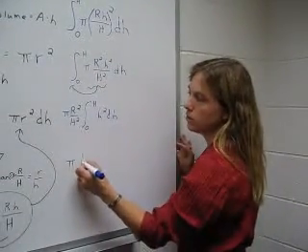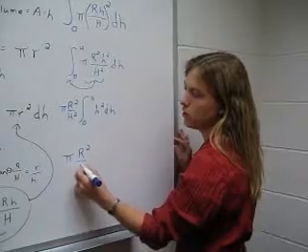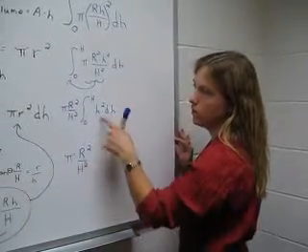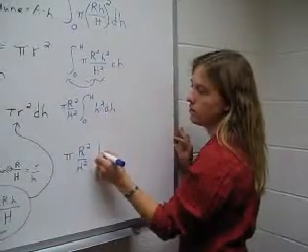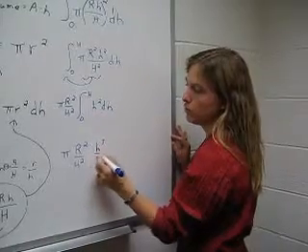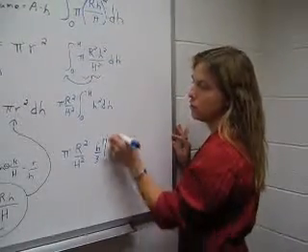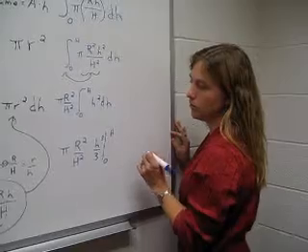Carry my constants forward, R squared over H squared. The integral of h squared is h cubed over 3. I will evaluate that at 0 and at H.